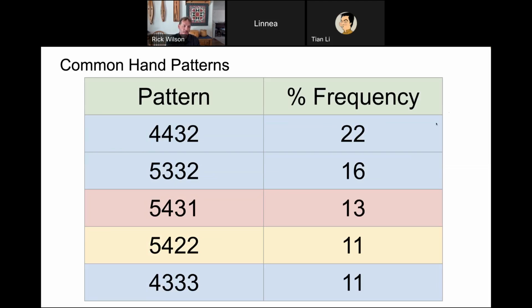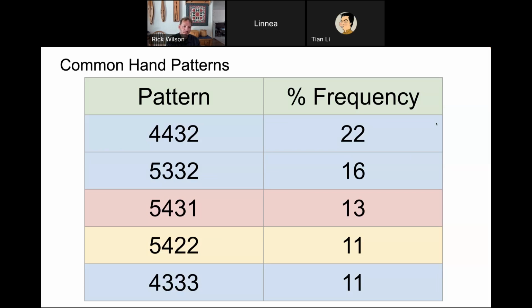And those are hands we also know because we play a 5-card major system. We usually have to open those one of a minor, no matter what the 4s and the 3s and the 2s are. Next most common is 5-3-3-2, 16% of the hands.